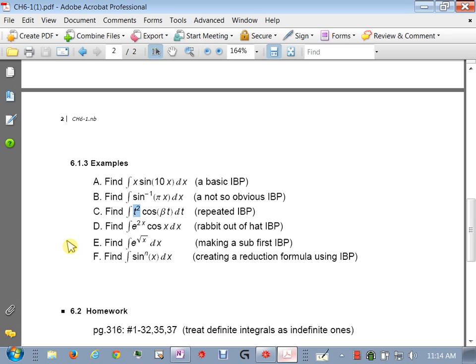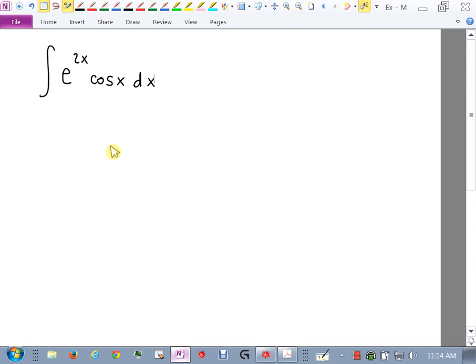But look at D. With D, if I choose u to be e to the 2x, and I choose v to be cosine x dx, what's going to happen in the new integral? What are we going to have in the new integral? The derivative of this, which is itself, right, times 2. And the antiderivative of cosine would be sine.